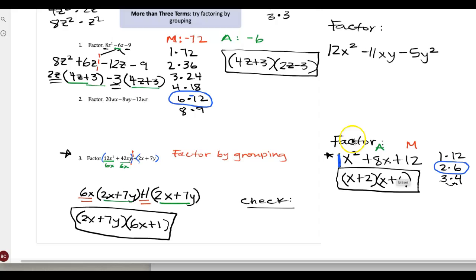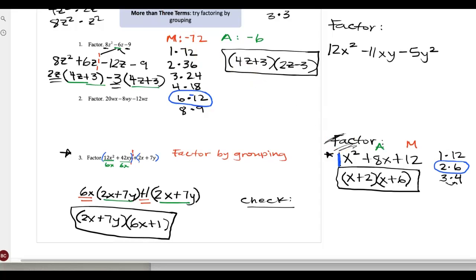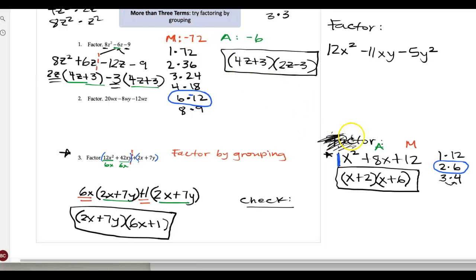I might just get rid of this stuff down here. Whoops. Why is it not erasing for me? The eraser is not working.